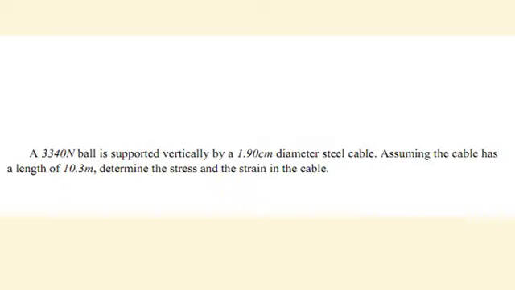Before we solve this question, we need some insight about some statements in the question. First, the cable is usually cylindrical in form, so we're going to consider the cable as a cylinder. Second, the cable is supported vertically by a ball of 3,340 Newton.